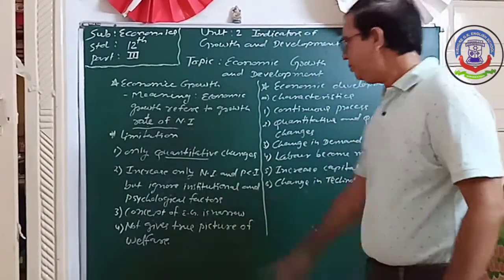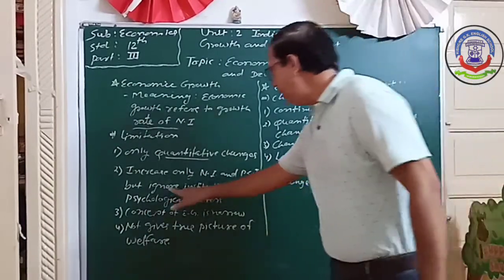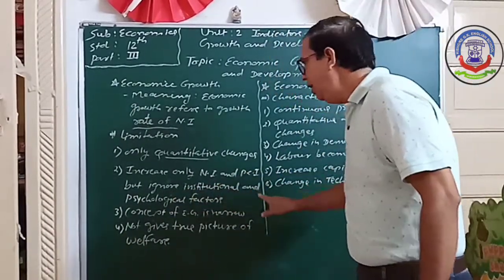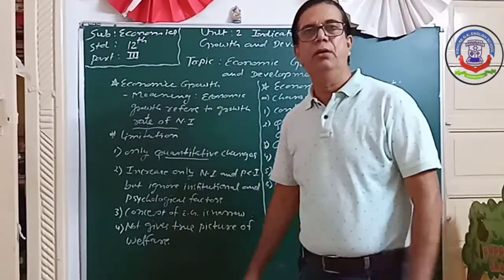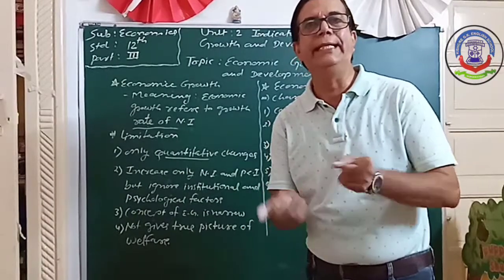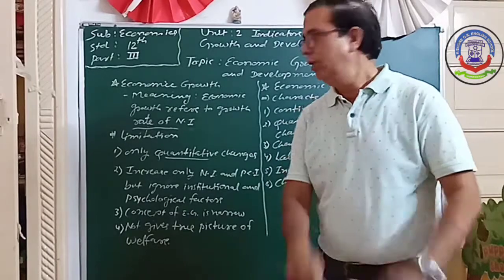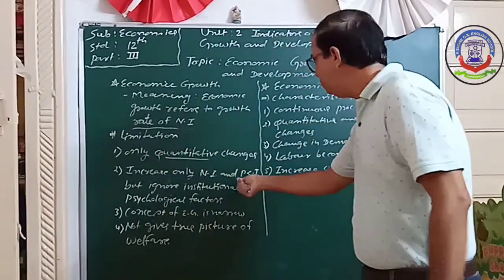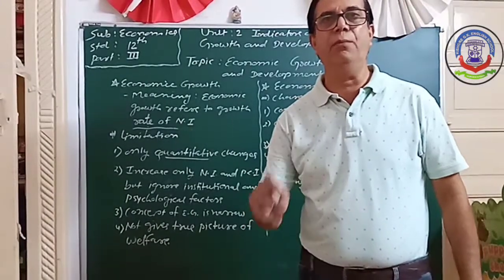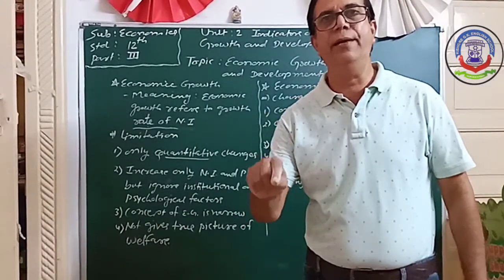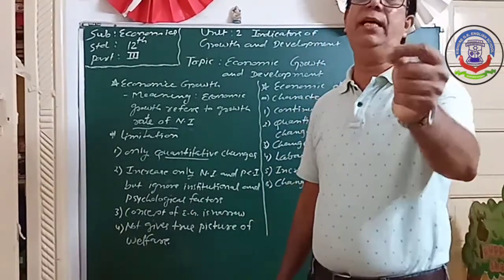Second, it increases only national income and per capita income, but ignores institutional and psychological factors. In economic growth, we consider only two things: increase in national income and increase in per capita income. You know what national income is. Now what is per capita income? Per capita income means the total national income of a country divided by the total population of the country.